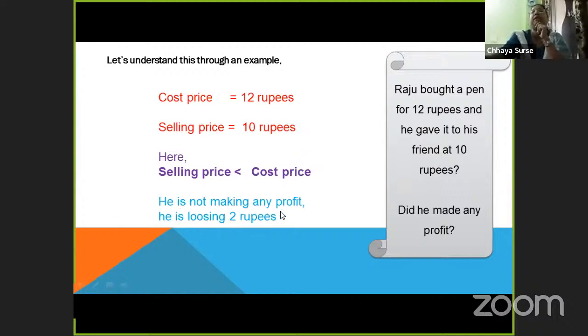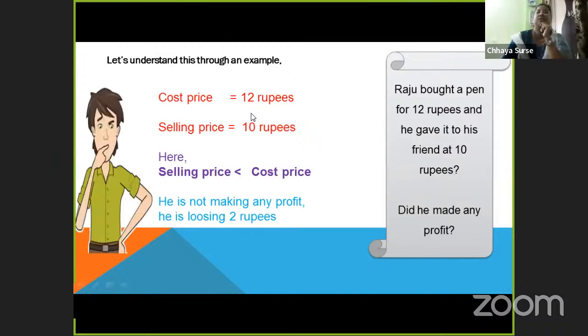He is not making any profit. He is losing 2 rupees, because his cost price is 12 rupees, but he sold to his friend for 10 rupees. It means he got 2 rupees less than the cost price.